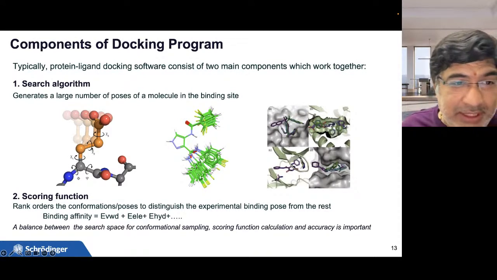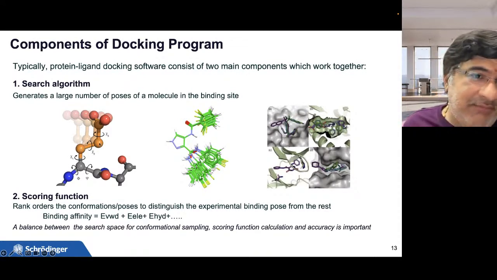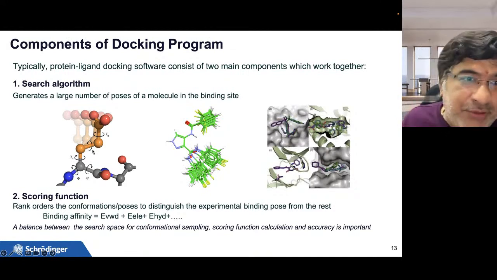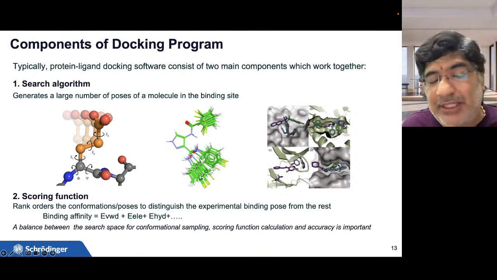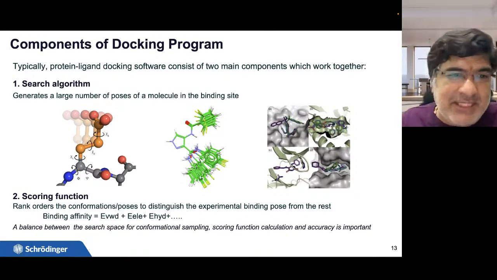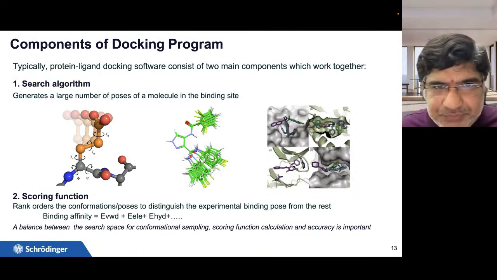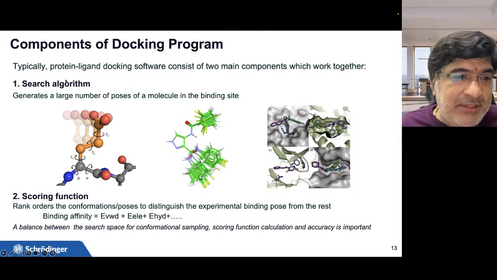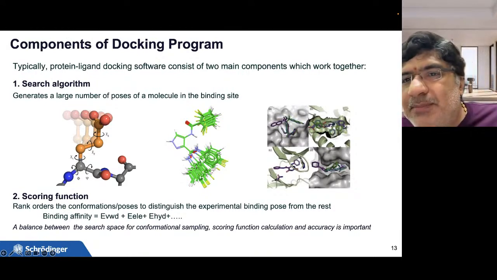There is one more single bond here, so I could generate 360 into 360, all permutation combinations I have to try out, right? So 360 to the power 2. There is one more single bond here, 360 to the power 3. Imagine the number of samples generated now for exploration. Once the search algorithm generates all those samples, it puts them one by one into the pocket.